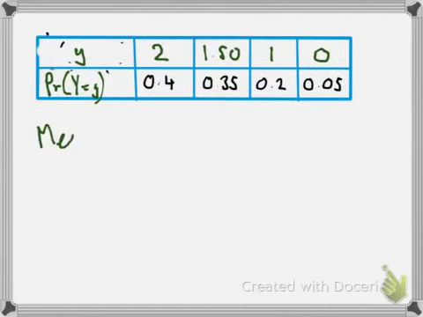To work out the mean toll, and that's the same as E of y, we do it as per usual.